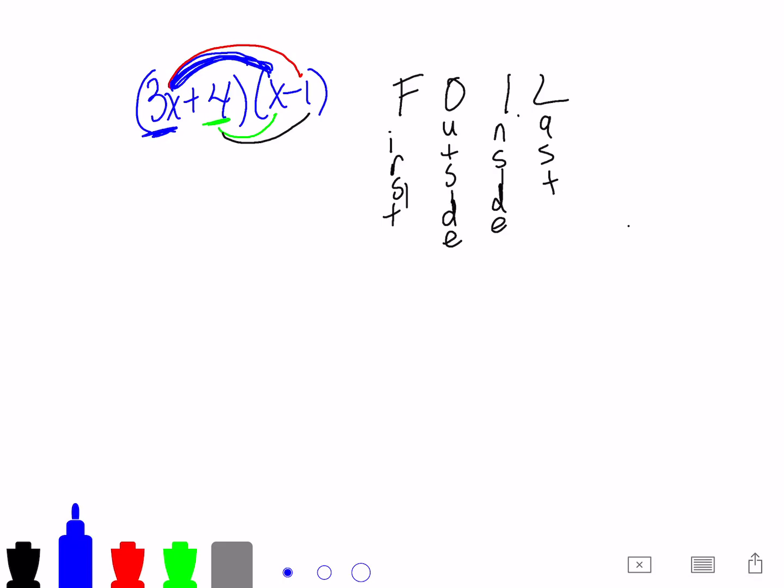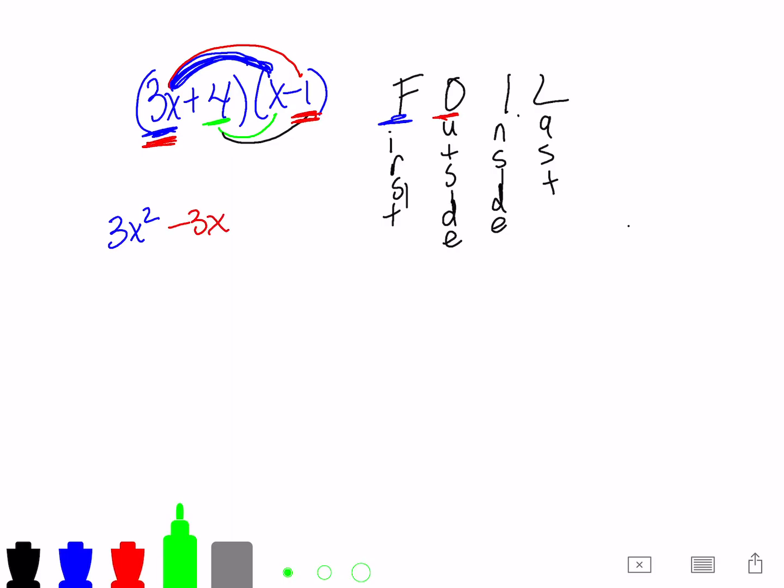So we're thinking the 3x times the x, which is 3x squared. The outsides would be the terms that are on the outside of your parentheses. So the outside is this 3x and this negative 1. So our O would be the outside. So we do 3x times negative 1, which is negative 3x.